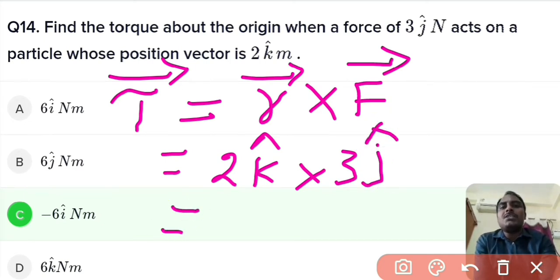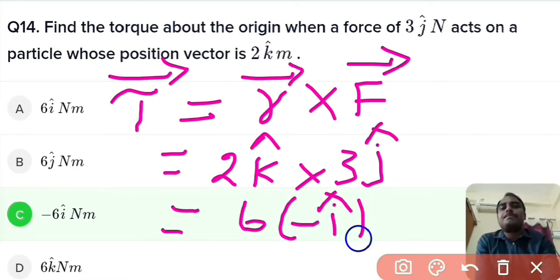So 2 into 3 is 6, k cap cross j cap. K cap cross j cap is nothing but minus i cap. So minus 6 i cap is the correct answer. C option is the correct one.